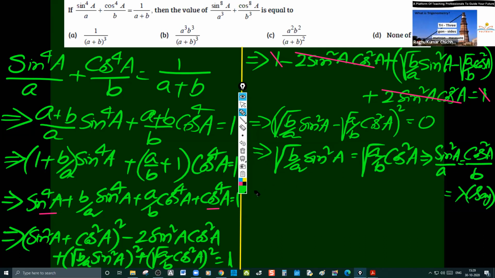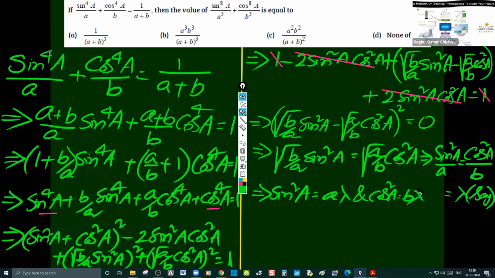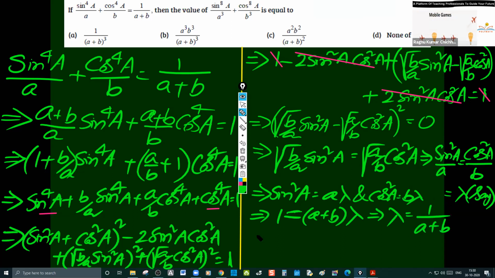Then do you tell me what is sine square A? A lambda. And what is cos square A, please? B lambda. That's good. I want to eliminate A now. Implies 1 is equal to, adding them, very simple, A plus B into lambda. Implies lambda is equal to 1 upon A plus B. If you have any doubt, ask me please.